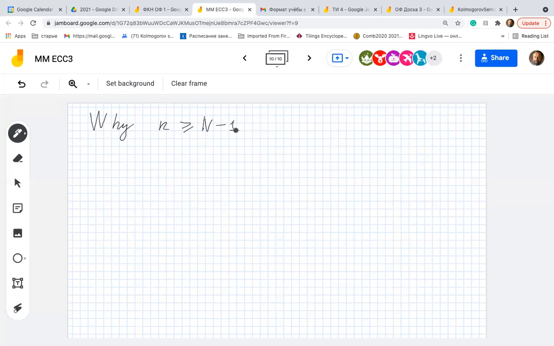Let me see somehow what the proof of this is. So this is easy. This is because of the following thing: choose some n-1 vectors among our vectors, for example, the first n-1.